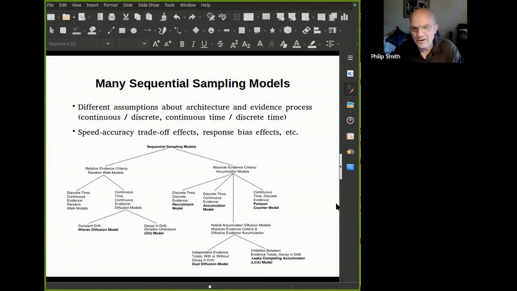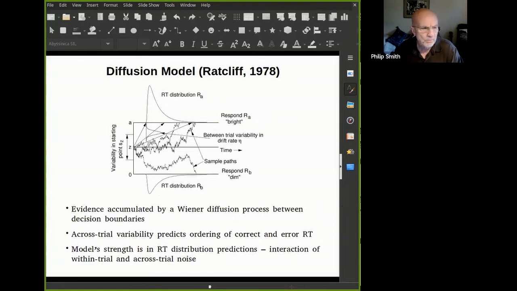So of these various proposals, arguably the most successful has been Roger Ratcliffe's diffusion model, which represents evidence accumulation by a Wiener diffusion process between boundaries which represent criteria for the two responses. So at the beginning of the trial, noisy evidence begins to accumulate until it hits either an upper or a lower boundary.